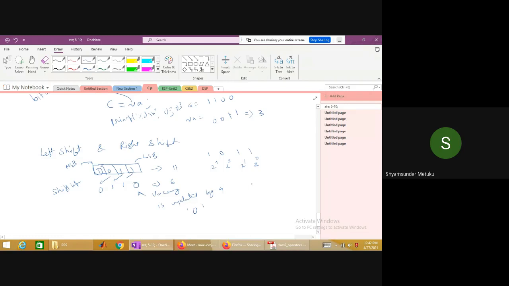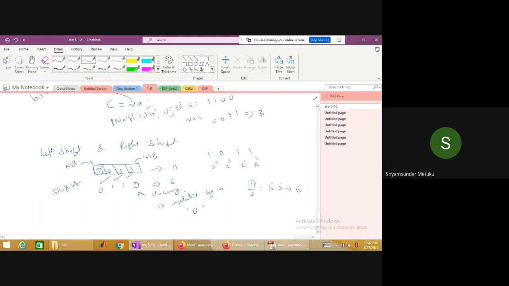So 11 by 2 is how much? 5.5. Approximately to the higher integer is how much? 6. Okay. If it is not exactly divisible by 2, when you perform the left shift, division is happening by 2 with an approximation to the higher integer.